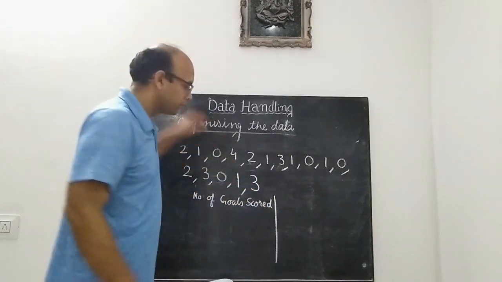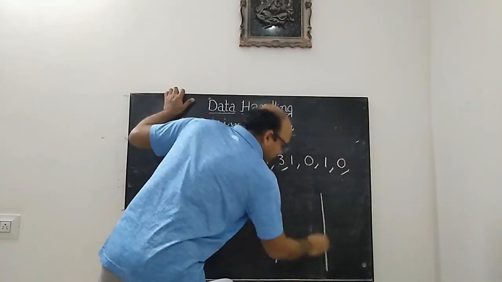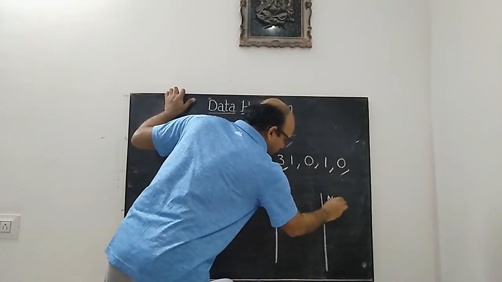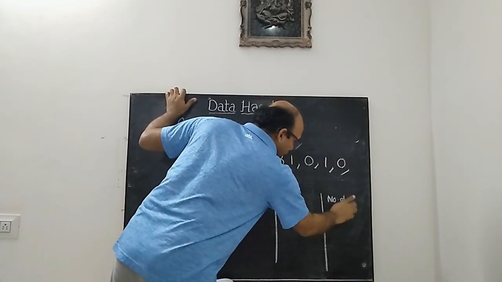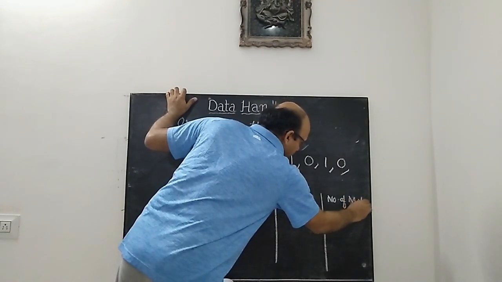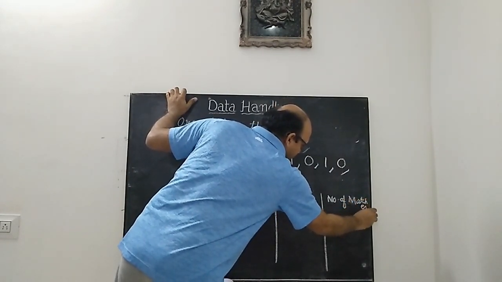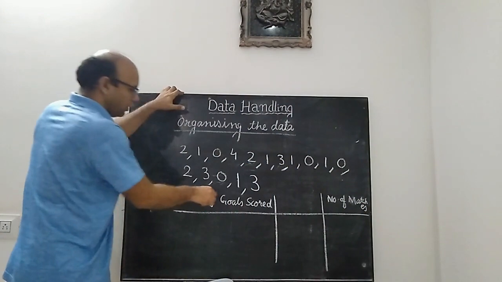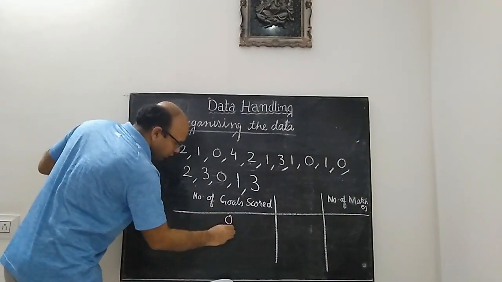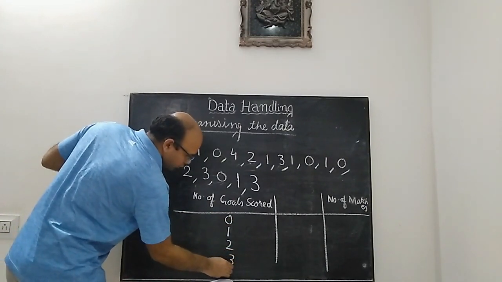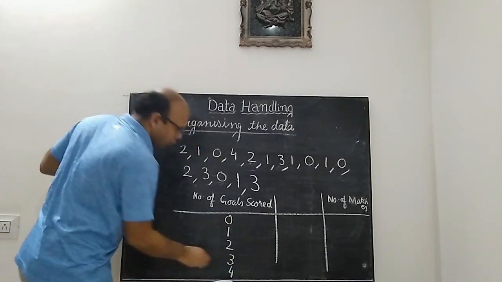So there will be a column for the tally mark, the number of goals scored, and the number of matches in which that number of goals has been scored. So you can have 0, 1, 2, 3 and 4.